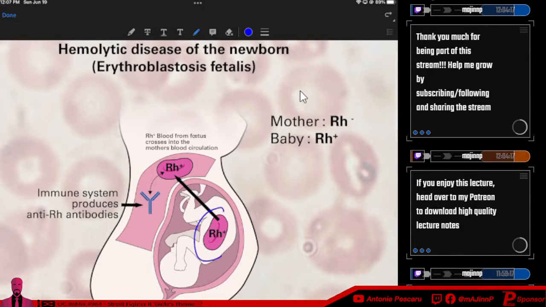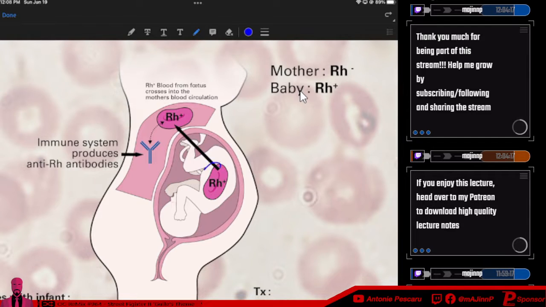In any case, the baby is Rh positive and the mother is Rh negative, and that's where the Rhesus factor is really dangerous, because that Rhesus positive blood transitions inside of the mother's blood circulation. It gets exchanged and travels, and then the immune system starts producing anti-Rh antibodies.